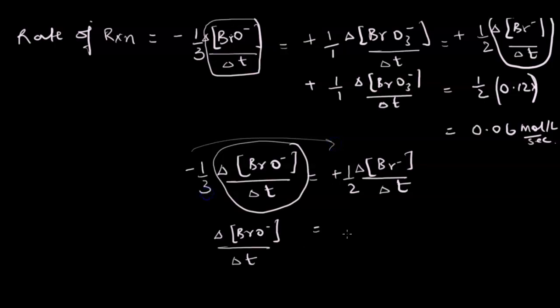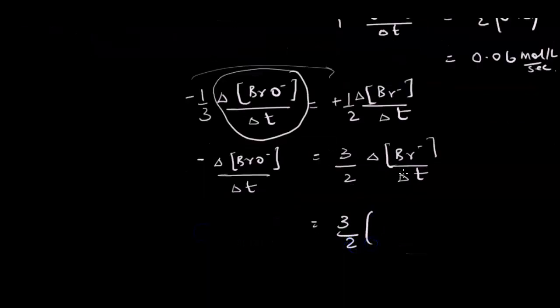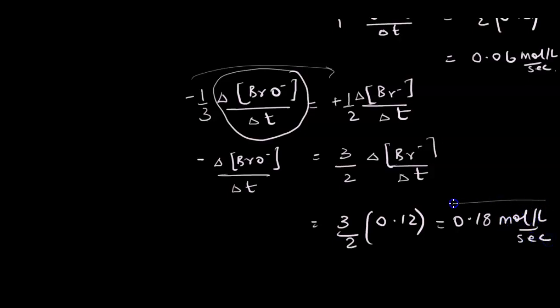So this is being divided by 3. 3 gets multiplied here. Change in concentration of Br negative over total time. We can leave the negative sign here because negative just means that this is going to be consumed. So 3 over 2, this is given to us as 0.12. When we put this on the calculator, we get 0.18 moles per liter per second, and this is how we get the final answer for BrO negative rate of formation.